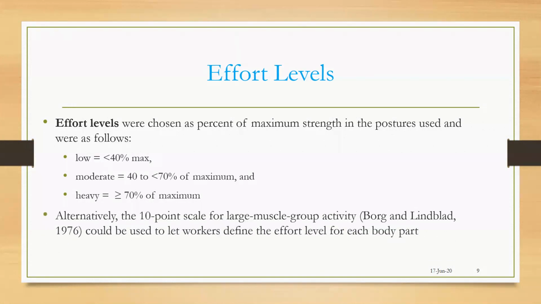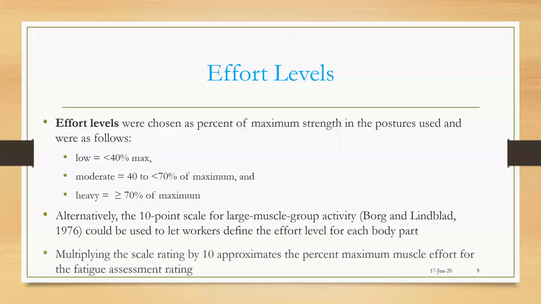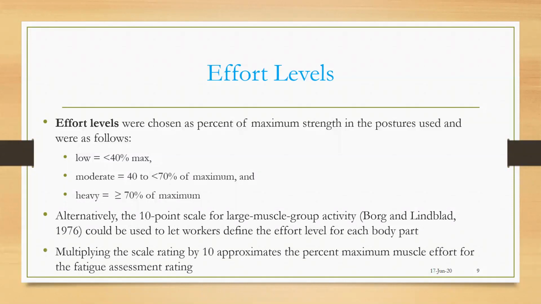An easy solution is to use the Borg scale, especially the CR10 scale, in order to find the effort level required. So we can use this scale. I will show the scale in the next slide, and whatever score we get from the Borg scale, we can multiply that by 10 to convert that effort level into a percentage.